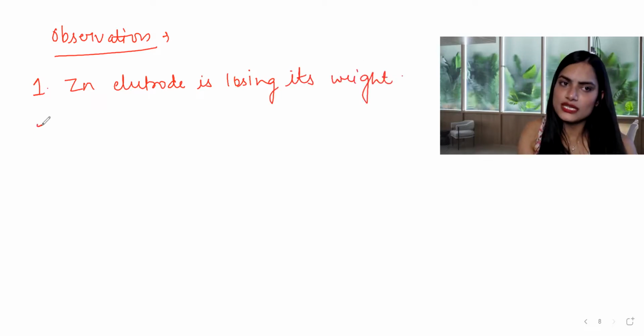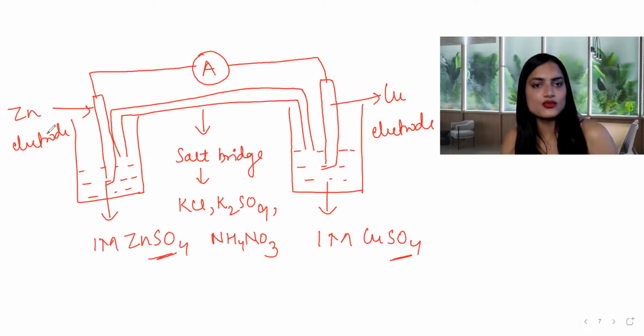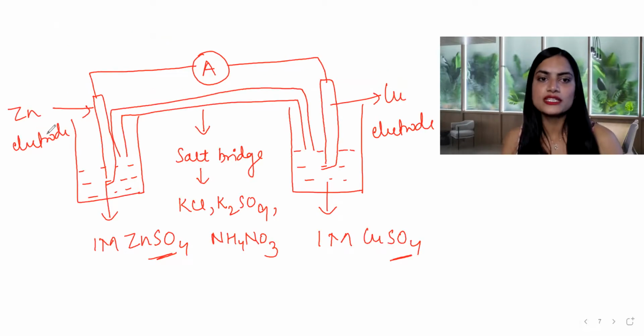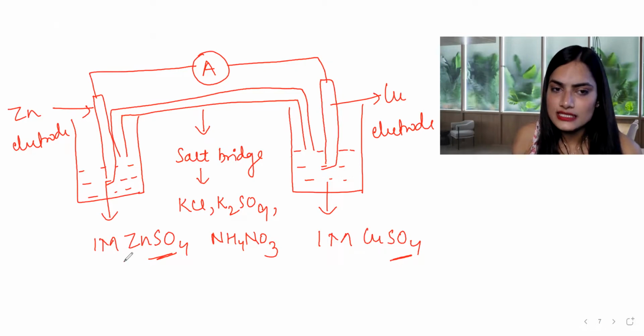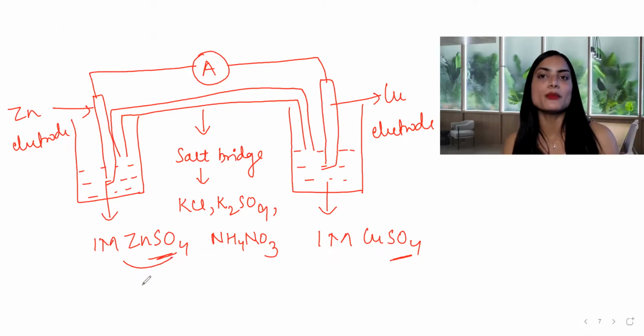The second point was that, along with the zinc electrode losing its weight, the concentration of Zn plus 2 ions in the solution was changing. See, this is your ZnSO4 solution taken in the beaker.